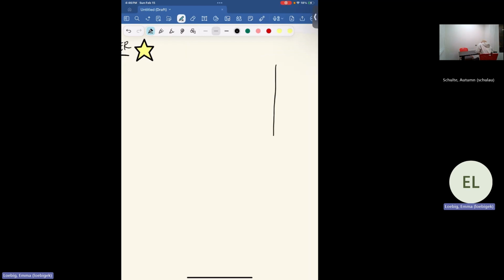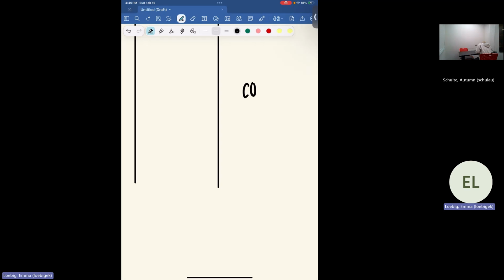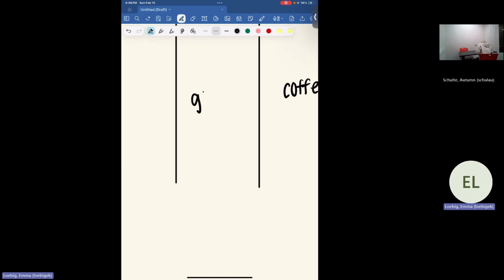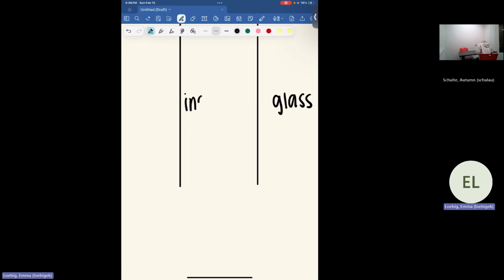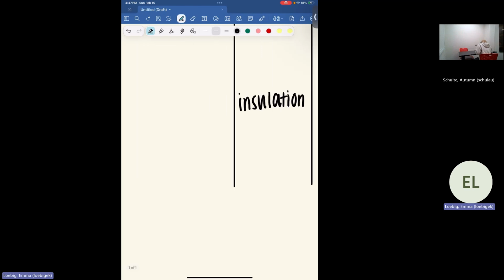I'm going to draw out our same example of our glass mug. So we know that we had coffee, our glass mug, followed by an insulating sleeve, and finally air.